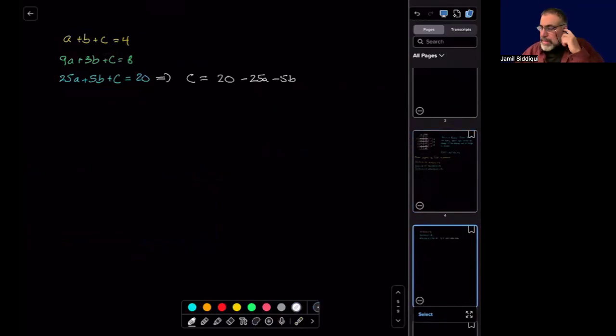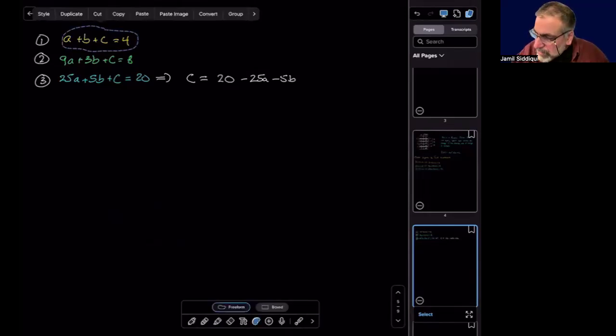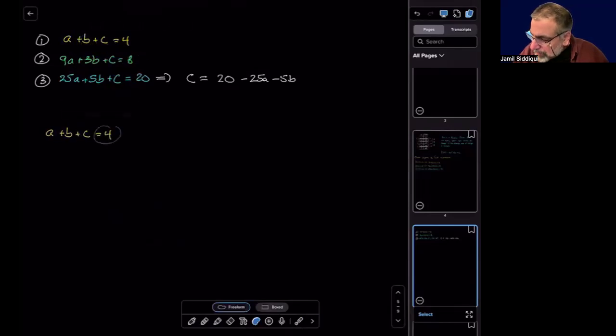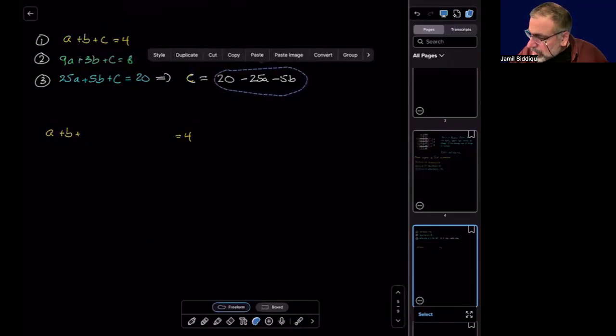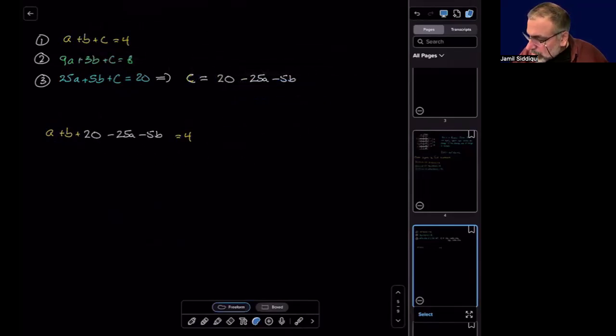Now that we know what c is, we're going to plug equation 3, let's call that equation 3, into equations 1 and 2. So when I take equation 1, I'm going to rewrite that, but this time I'm going to get rid of that c, because c is equal to 20 minus 25a minus 5b. I'm going to do the exact same thing in equation 2.